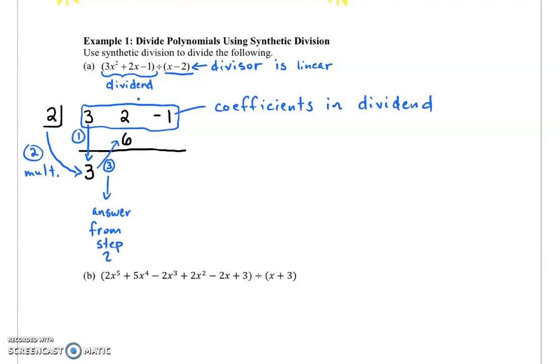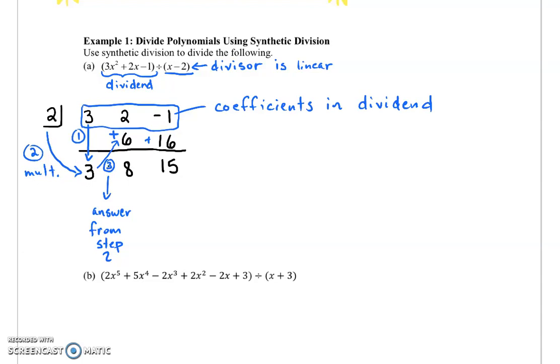Then we just add those two numbers together. So 2 plus 6 is 8, and then we repeat starting at step 2. So 2 times 8 is 16. We write our answer under the -1. And then we add the -1 and the 16, and we get a 15.